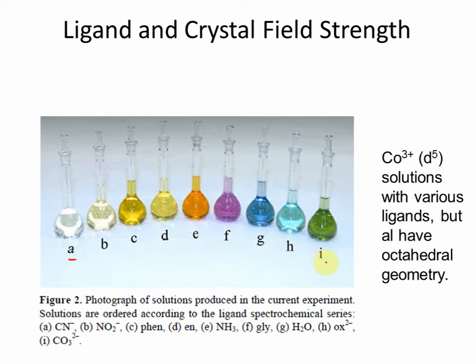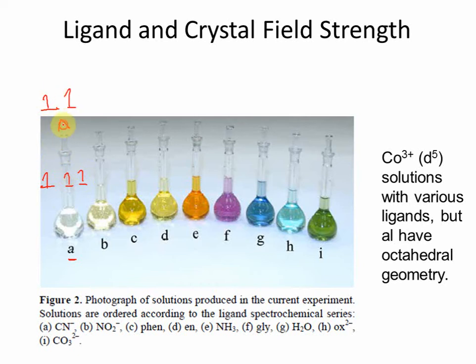Cyanide is a strong ligand, and it causes the d orbitals to be split by a lot. So if these are 5, 1, 2, 3, 4, 5, there's a bigger separation between these d orbitals for cyanide.